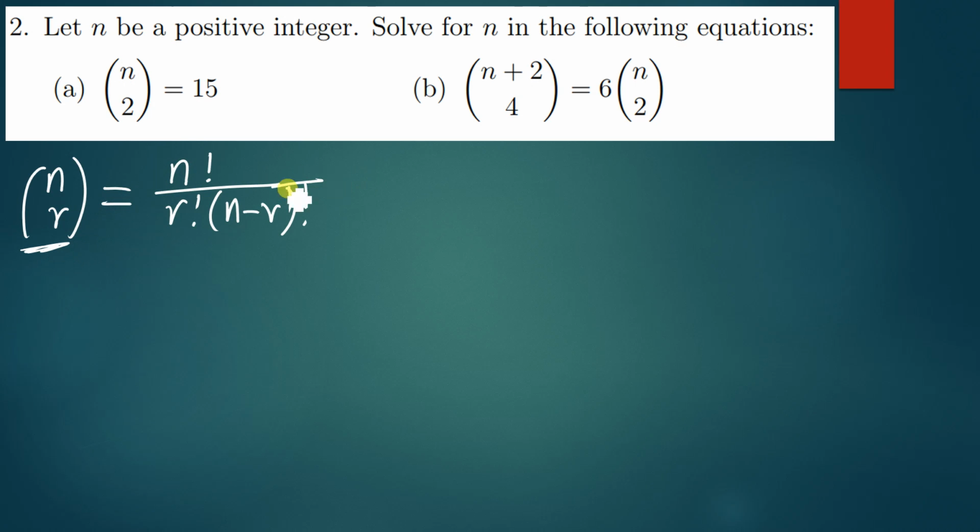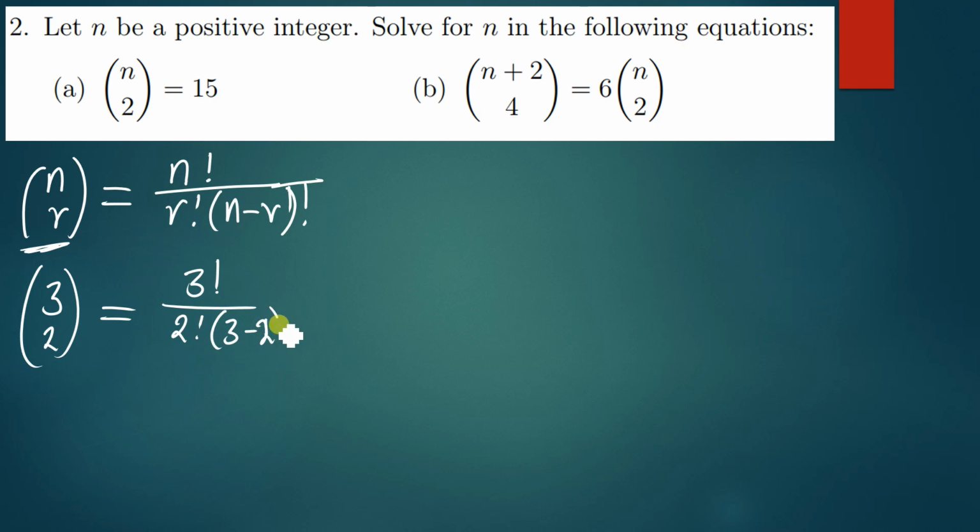Apart from that, if for instance you've been given 3 choose 2, it is going to be equal to 3 factorial over 2 factorial, then open brackets 3 minus 2 factorial. You can simplify it and you get 3 factorial over 2 factorial times 1 factorial, since 3 minus 2 gives you 1.